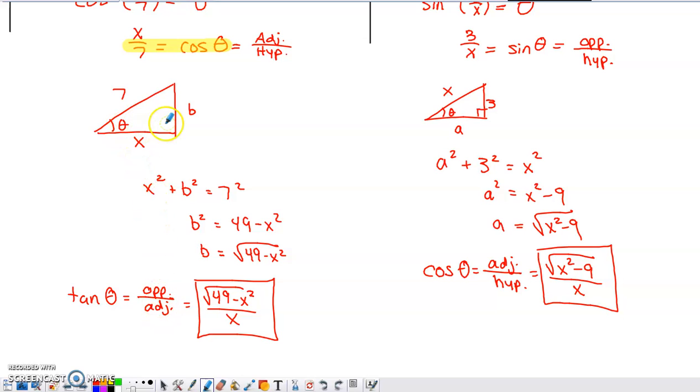Opposite the angle theta, we have this value for b that we found, the square root of 49 minus x squared, and adjacent to the angle theta we see x. So the original expression, which really is tangent of theta, is equal to the square root of 49 minus x squared over x.